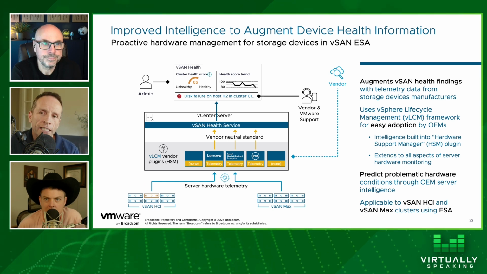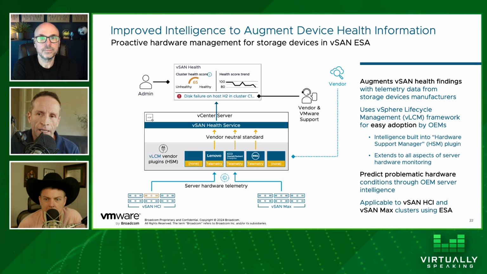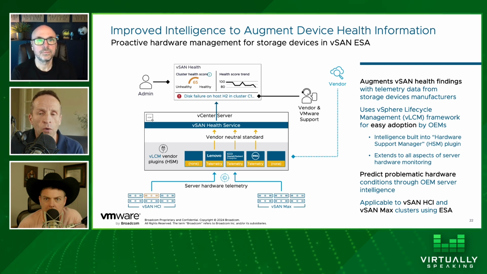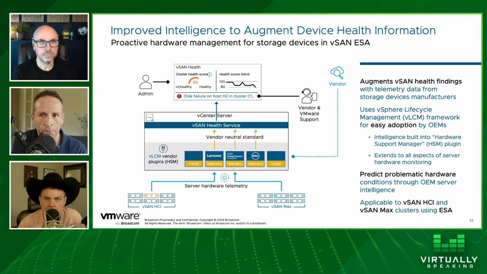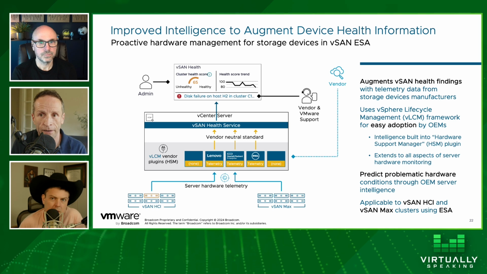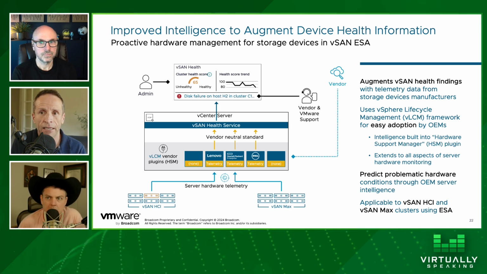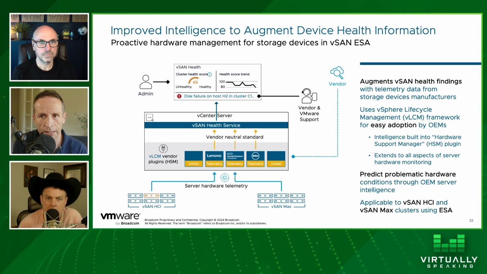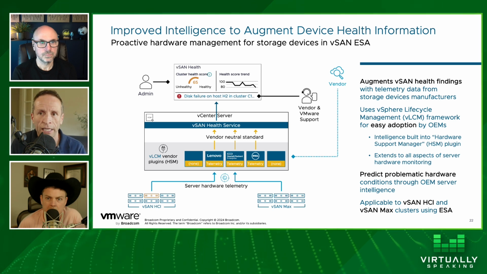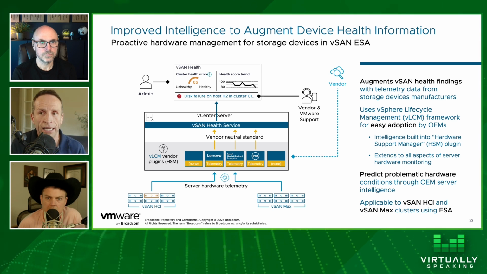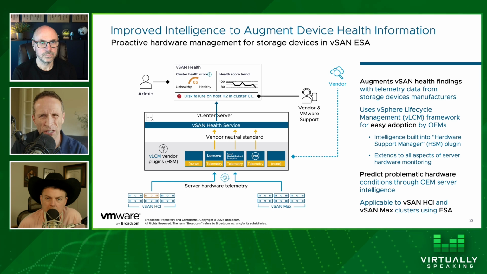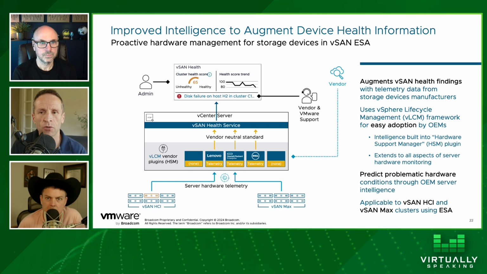But what we've done here is extend it so that vendors can now allow the device data, the metadata about that storage device, to run through the HSM, so that then we can grab it and normalize it into our health check mechanism.